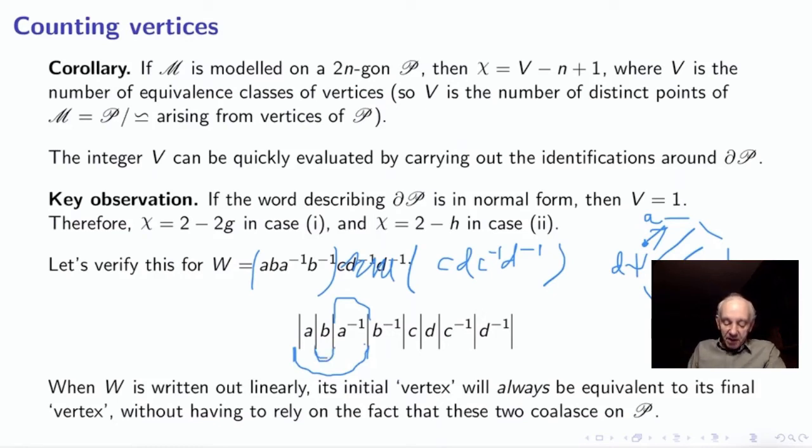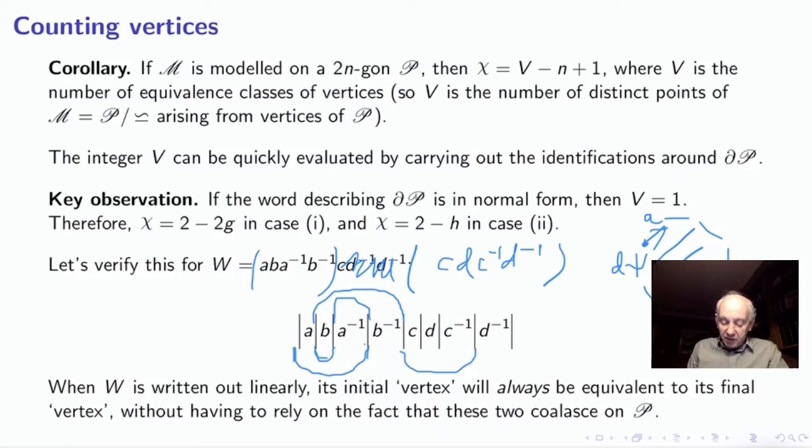Then the beginning of B is the same as the end of B inverse. So these vertices are the same. Between each two letters, there's a vertex on the polygon, and I'm trying to find out which of those are equivalent on the surface. Now we're at the beginning of C, which is the end of C inverse.